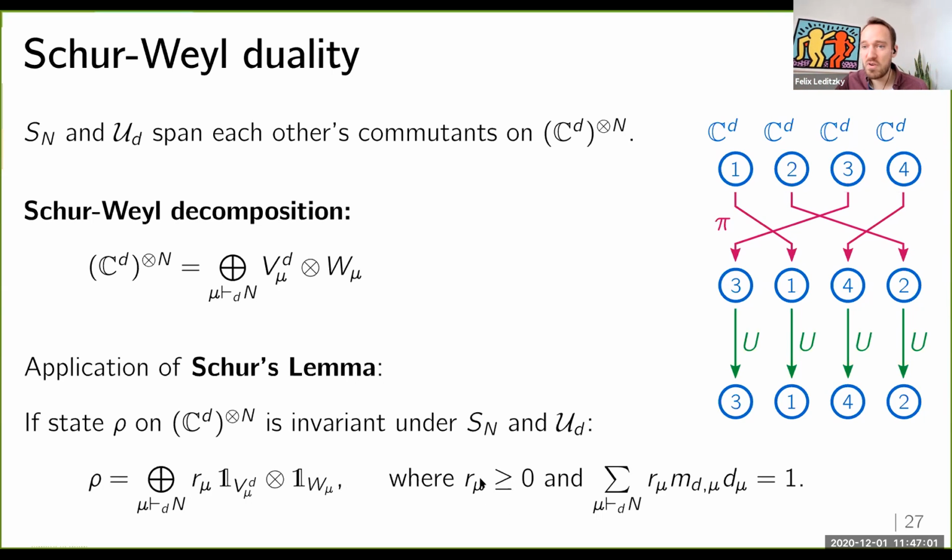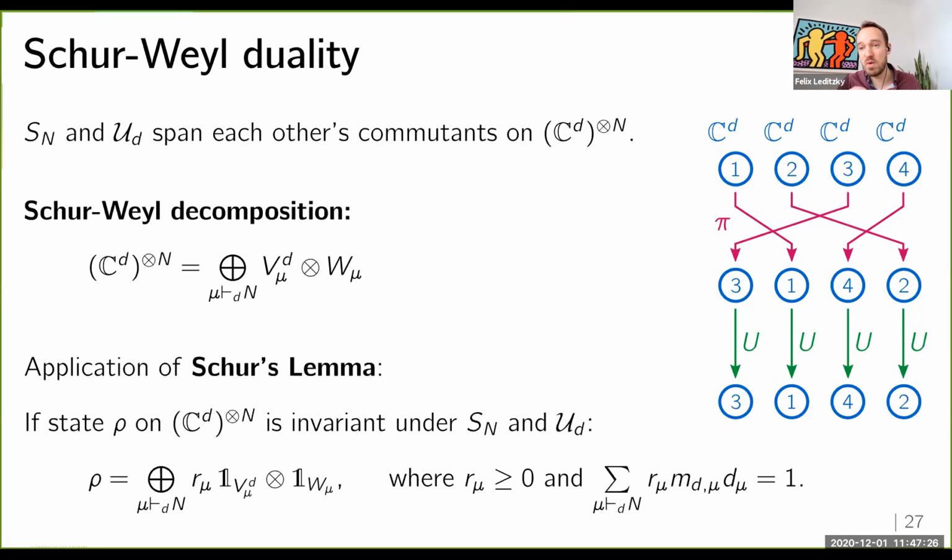Since rho is a density operator and always has non-negative eigenvalues, these r_mu's will always be non-negative too. And then we have this normalization condition to ensure that rho is an actual density operator, which means that the trace is equal to 1. Okay, if you take the trace of this thing, then you just get this normalization condition for the r_mu's. And so this is now exactly this kind of imposing structure that I was alluding to in the introduction.